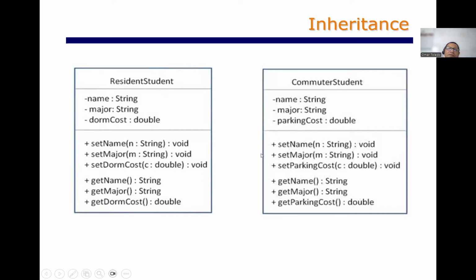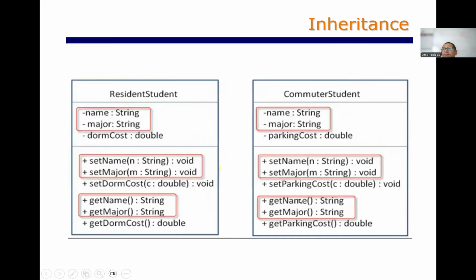Do you notice something similar between those classes? So if we code resident student and then we code commuter student, we're going to have similar code, right? Maybe duplicated code like name and major, like this.